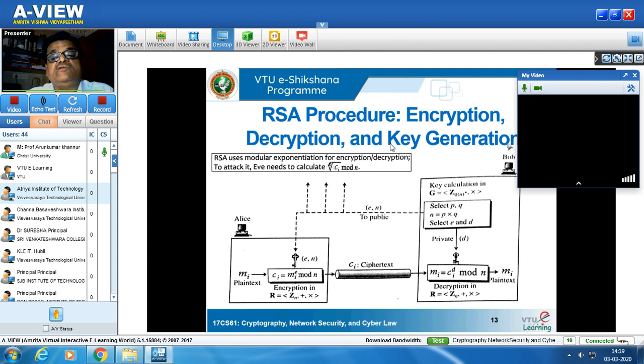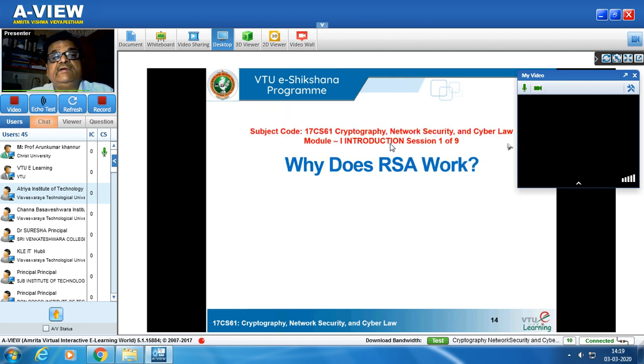Under all these conditions also, why does RSA work? We are interested in digging into the rationale behind RSA and its operations.